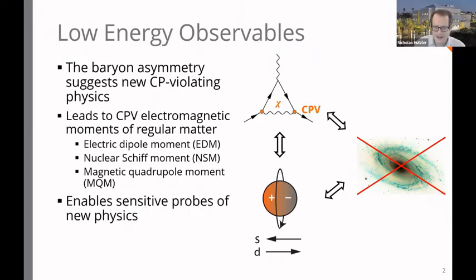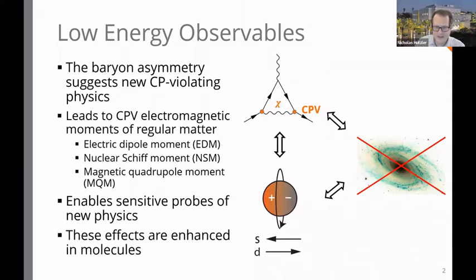And by searching for these moments, that allows us to probe for new physics at pretty high energy scales for this undiscovered symmetry violating physics. And these effects are all enhanced quite significantly in molecules, making them a good platform to search for this physics.